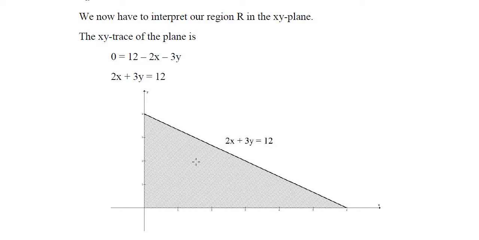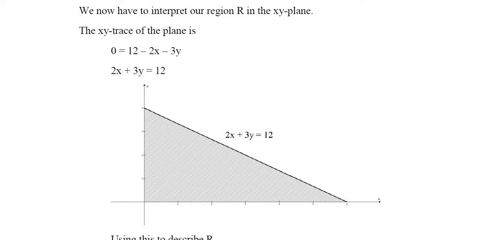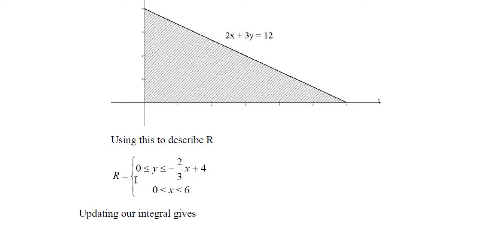And the area that we want to find is above this shaded region. So we have to integrate over that shaded region. Describing that shaded region, y goes from 0 up to this line, and that line, when I solve it for y, is negative 2/3 x plus 4. And x is going to go from 0 out to 6.